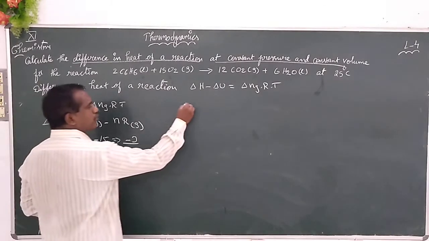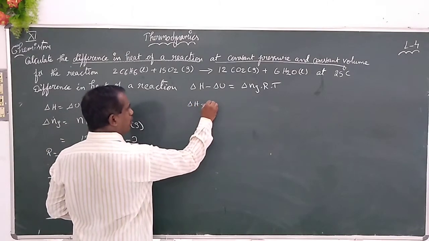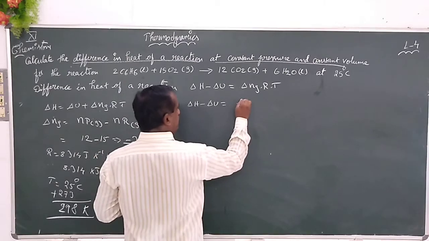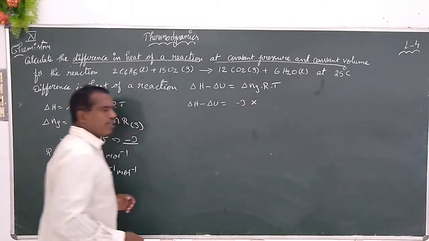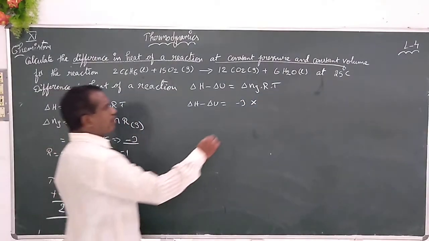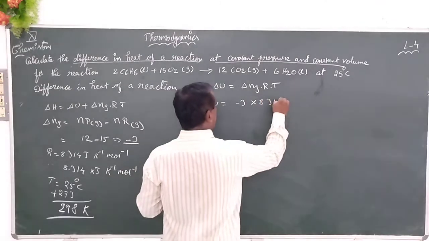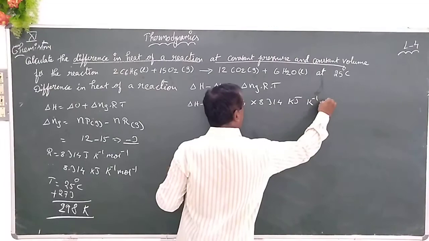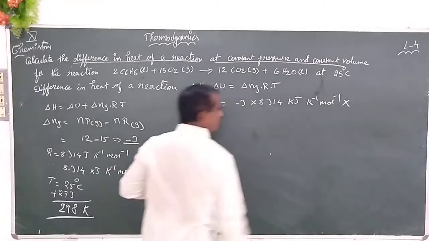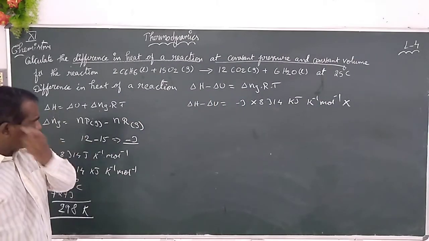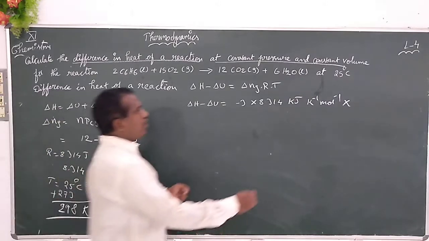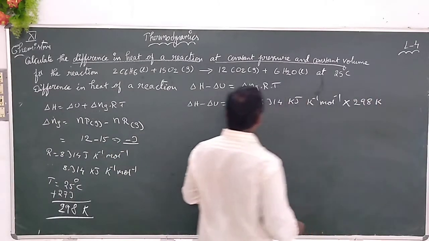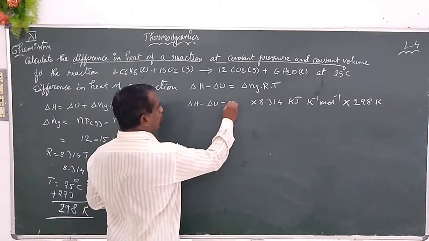So you substitute the values. Delta H minus delta U is equal to minus 3 into 8.314 kilojoule Kelvin inverse mole inverse into temperature 298 Kelvin. Here it is minus 3 moles.